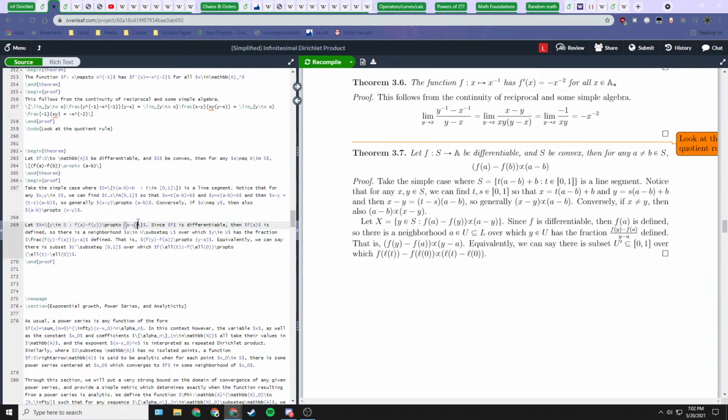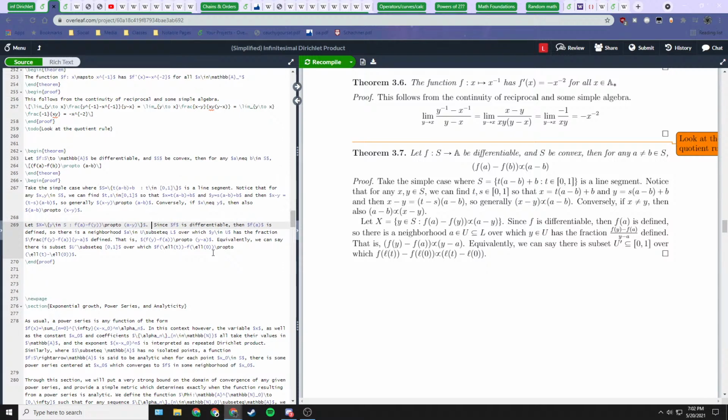So we can also say this is equivalently equal to the set.